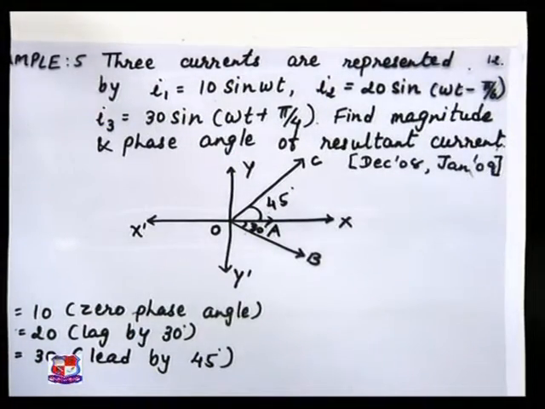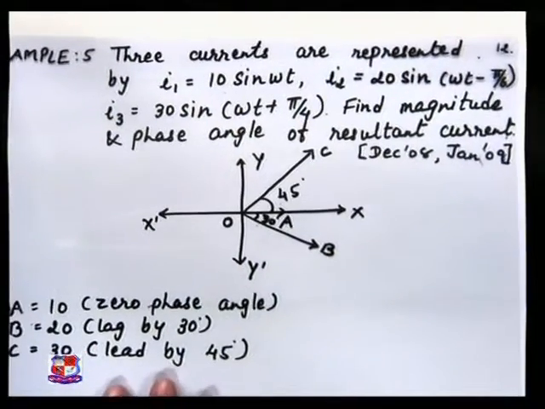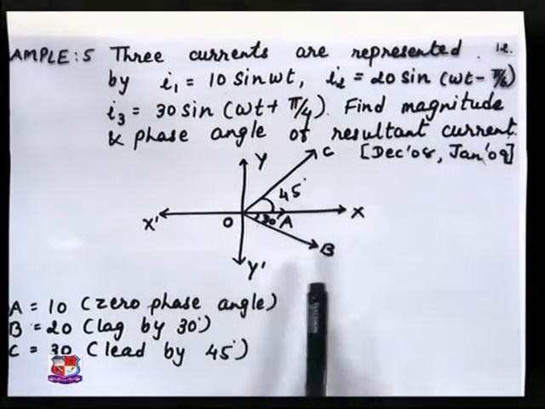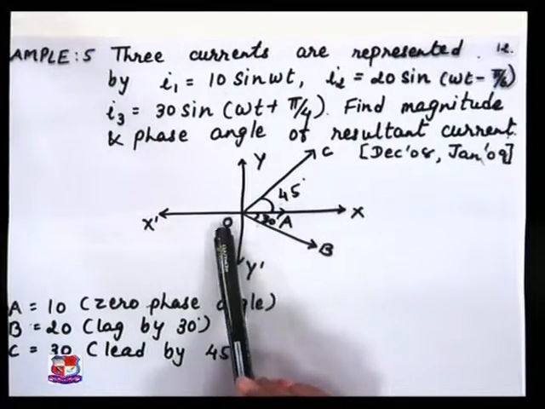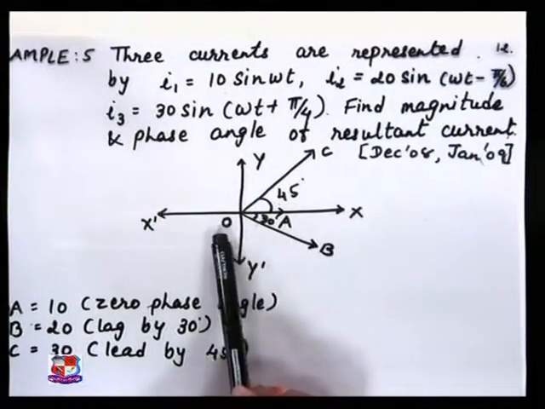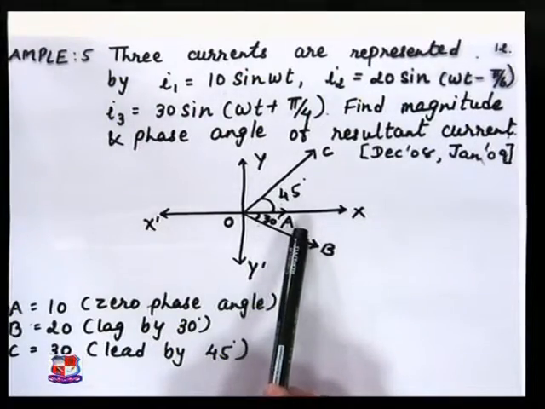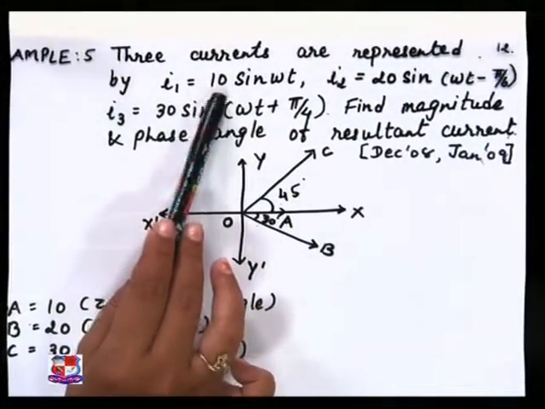First of all, represent these alternating quantities by vectors. As shown in the figure, OA indicates the first quantity. The magnitude of OA is 10 and the phase angle is 0.